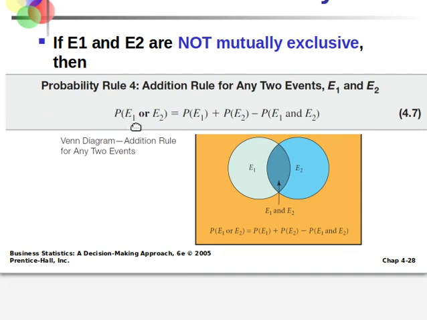Probability of E1 or E2 equals probability of E1 plus probability of E2 minus probability of E1 and E2, which is visually shown like this. It's a union where the common part of E1 and E2 is subtracted from this union.